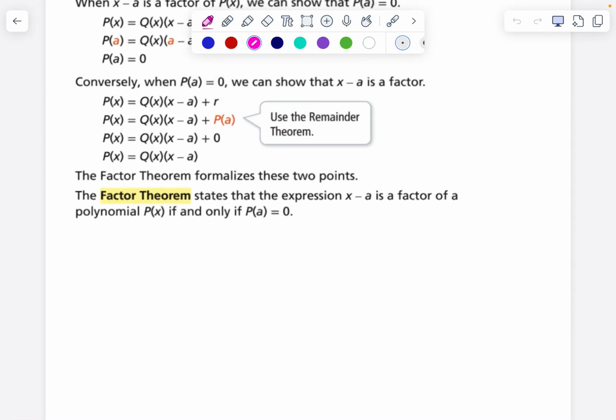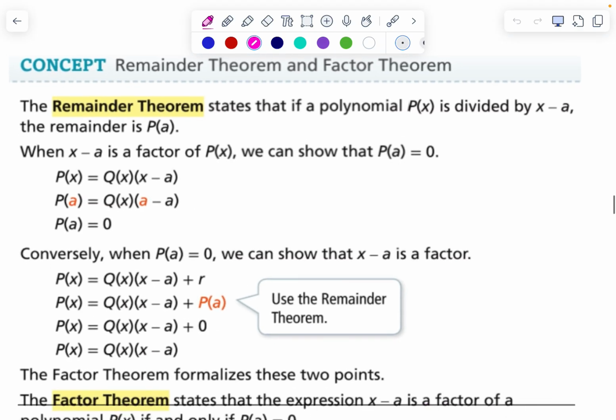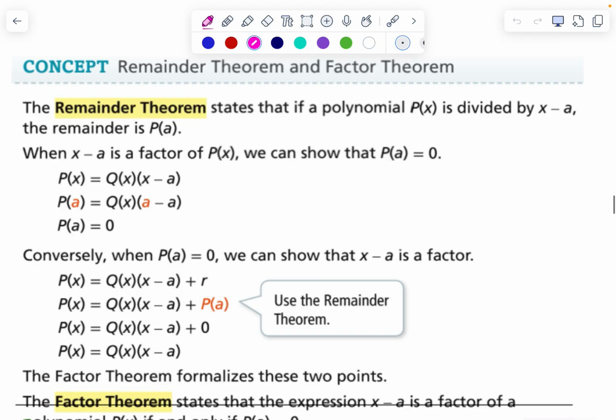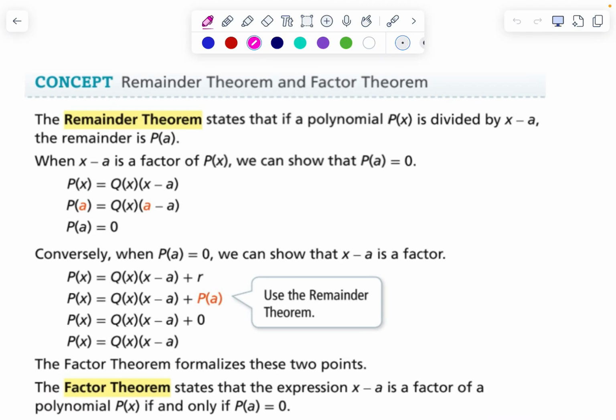Okay? The remainder theorem is kind of interesting. Here's what it says. I'll let you read the wordy version, and then I'll tell you the more normal human version. So the remainder theorem states if a polynomial p is divided by x minus a, the remainder is p of a. What does that actually say? Can anybody put that into a simpler version?